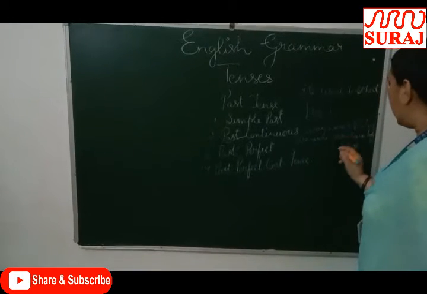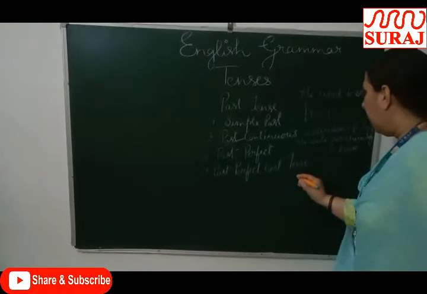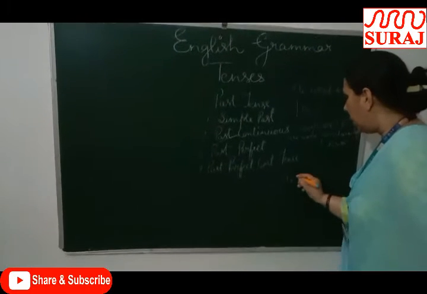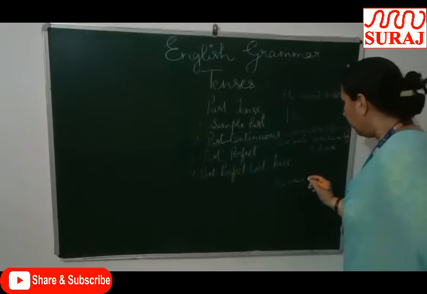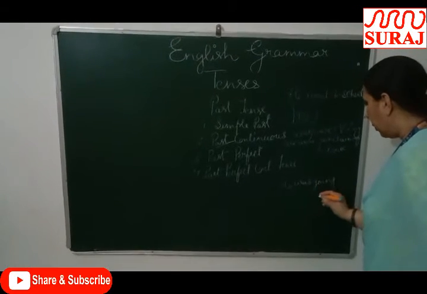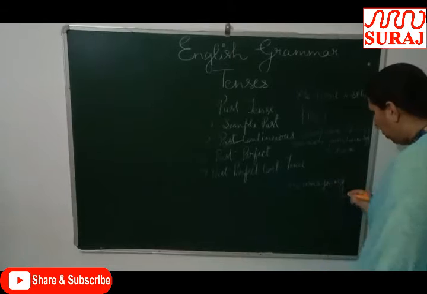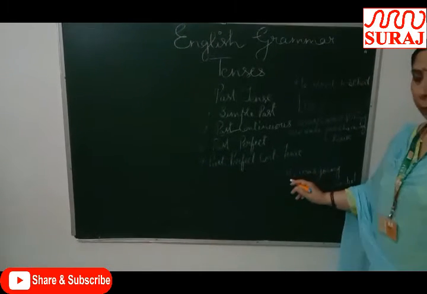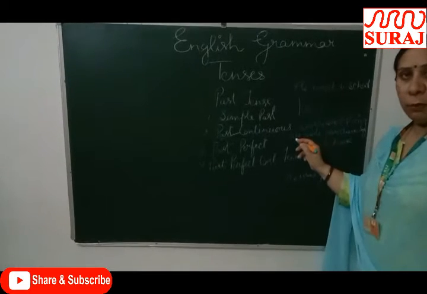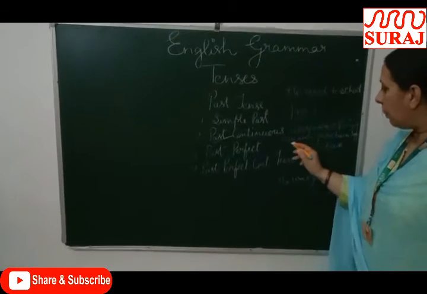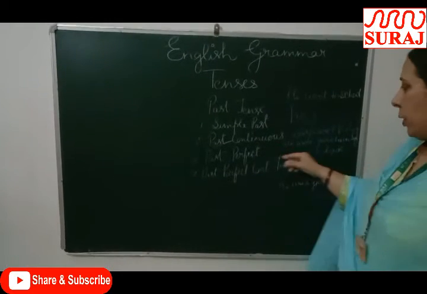Then the second one: He was going to market. Was is used with a singular subject and were with a plural one. These are some examples of past continuous tense.